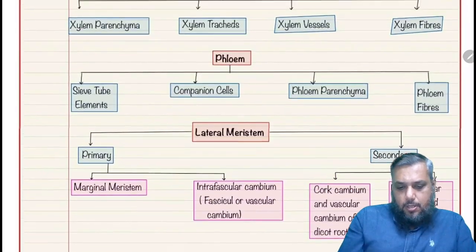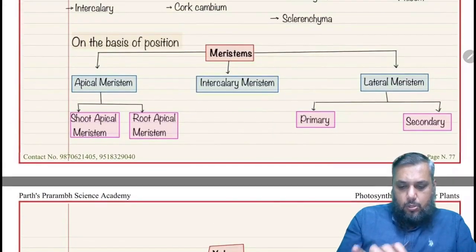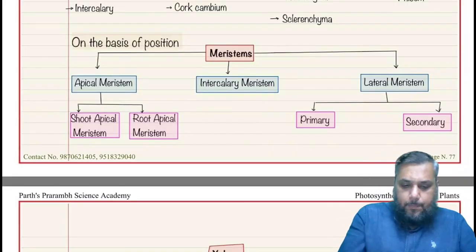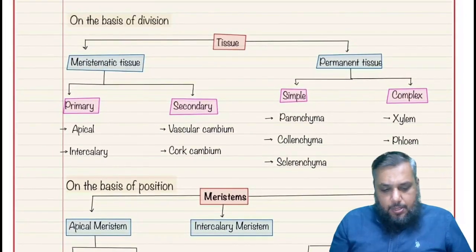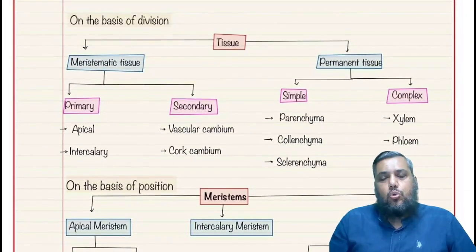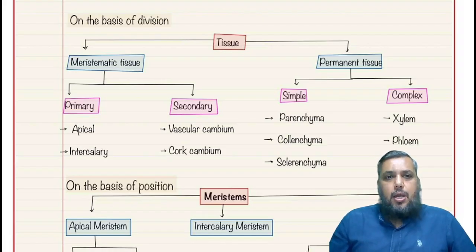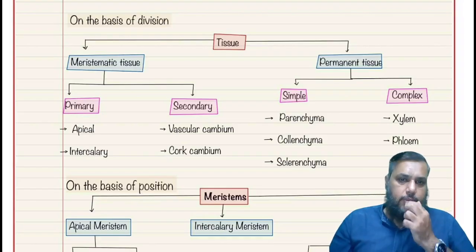So this makes us very clear with the understanding of a primary meristem and a secondary meristem. What is now left for us is to remember the examples of primary: apical and intercalary; secondary: vascular cambium and cork cambium.